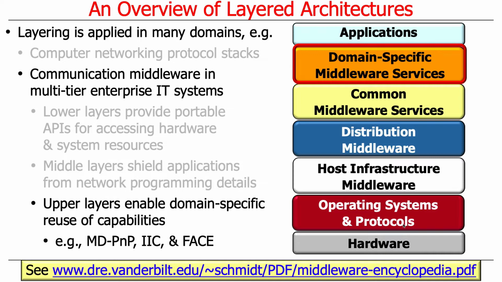So for example, if you're writing apps that are going to be avionics oriented, there's something called the Future Airborne Capability Environment, FACE. And they define a whole bunch of APIs that are specific for people writing avionics systems. If you're building an electronic funds transfer system, you probably don't care about most of what's in FACE. But if you're building an avionics system, you really do care about that.